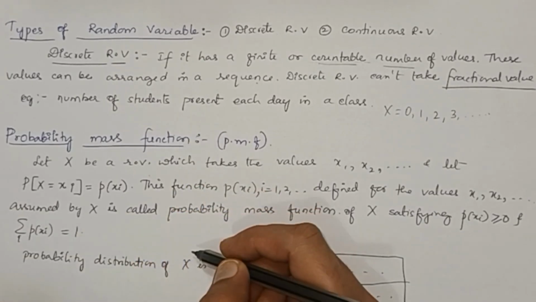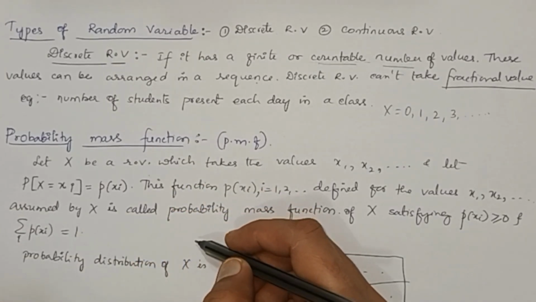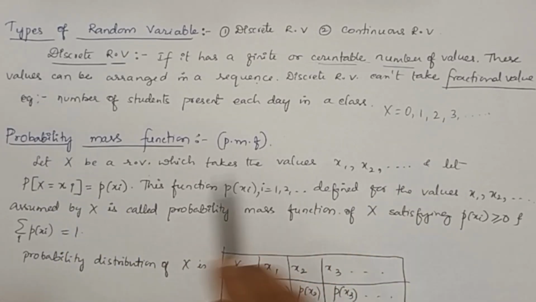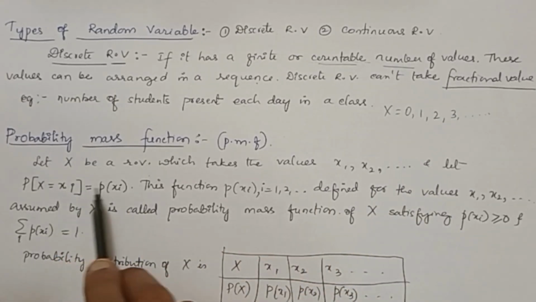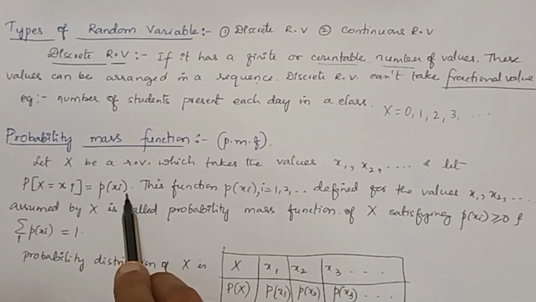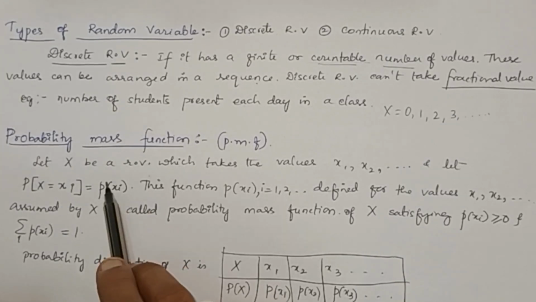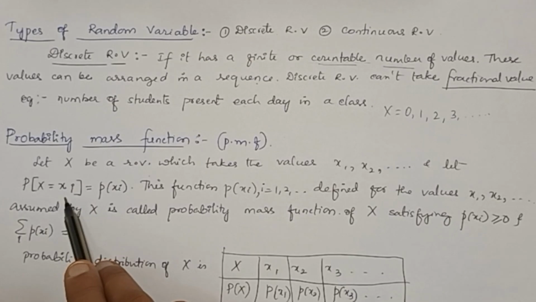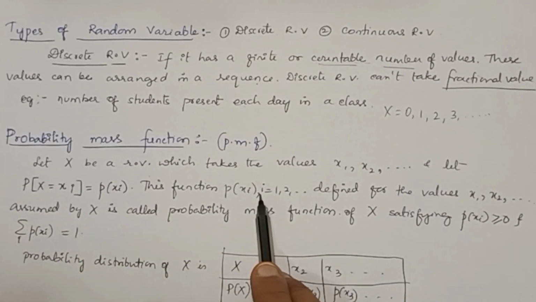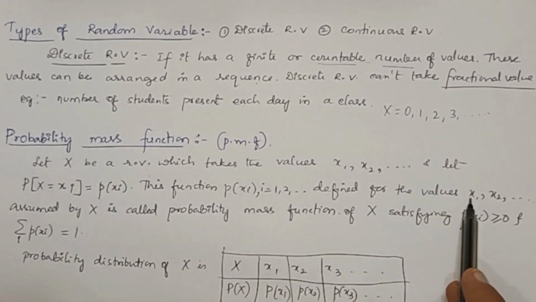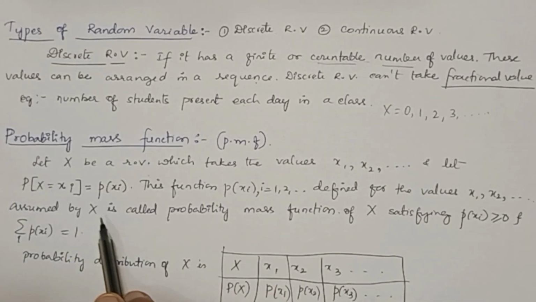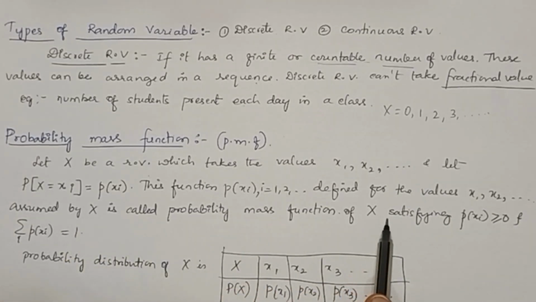Suppose x is a random variable, then P(X = xi) is denoted as p(xi) or pi, the value of the probability corresponding to the value xi. This function p(xi), defined for the values x1, x2, and so on assumed by the random variable x, is called the probability mass function of x.